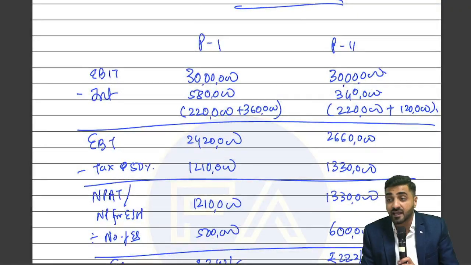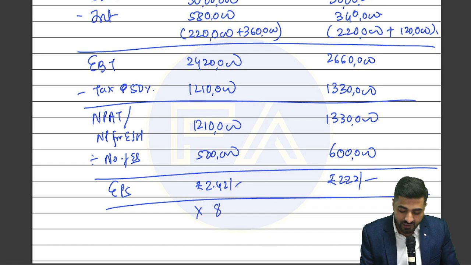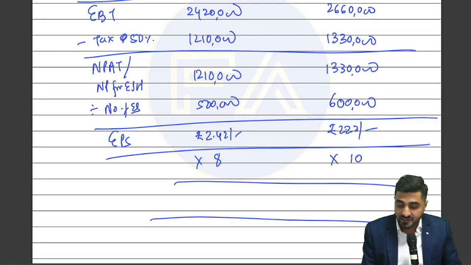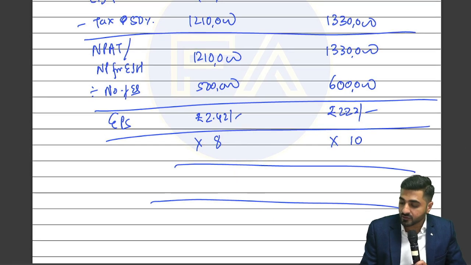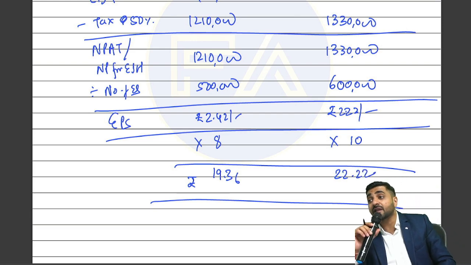Are we getting the market prices? Yes or no? Yes, sir. 0.42 into 8. 2.42 into 8. 22 point. Which plan will you select?